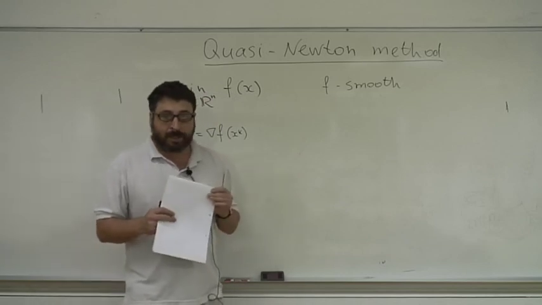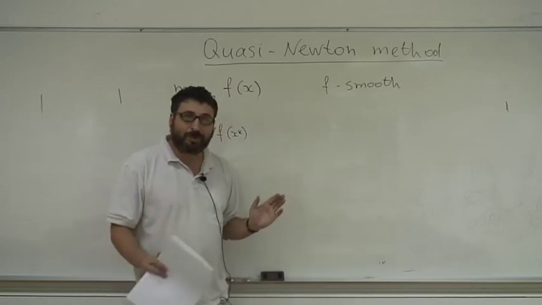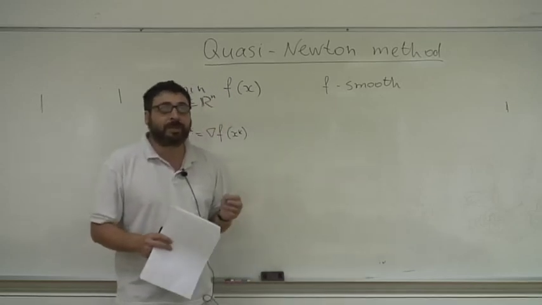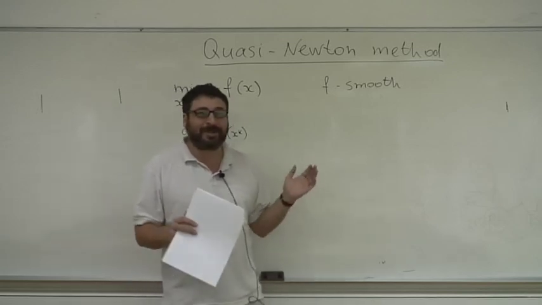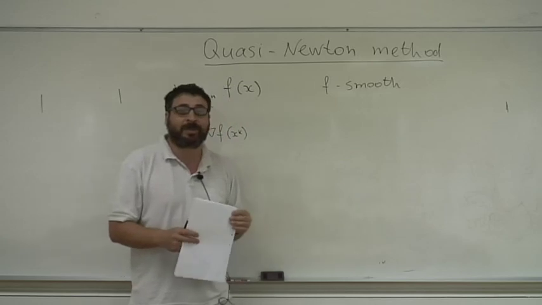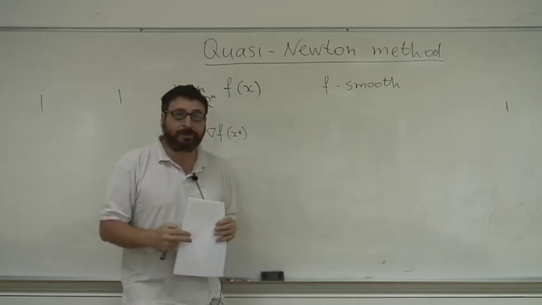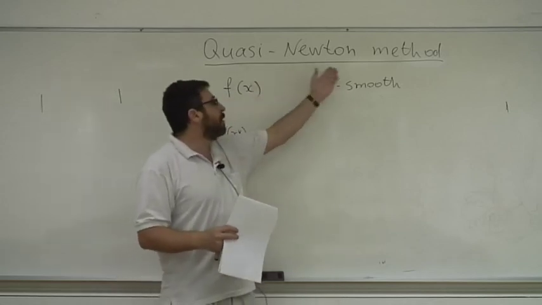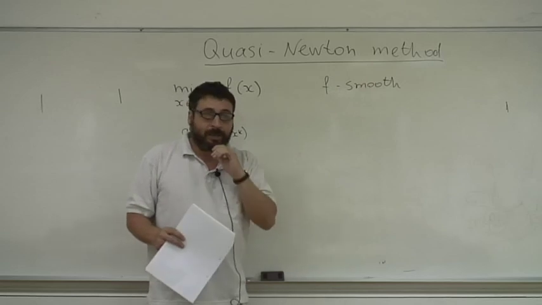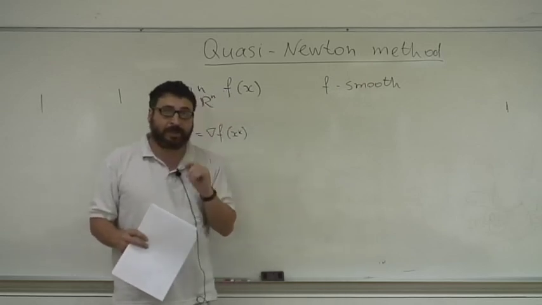On the other hand, if you have a moderate size problem, which means for modern computers, it's like several thousand variables, where we can keep a Hessian matrix, there are methods called quasi-Newton methods, which can take advantage of this.